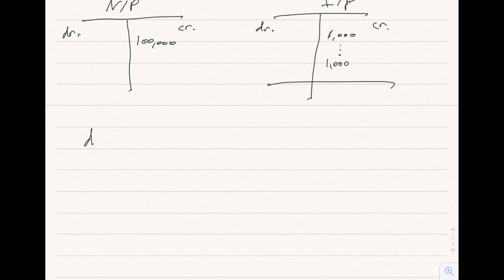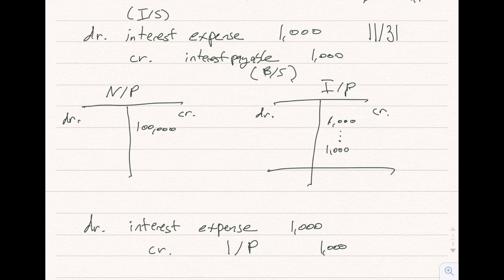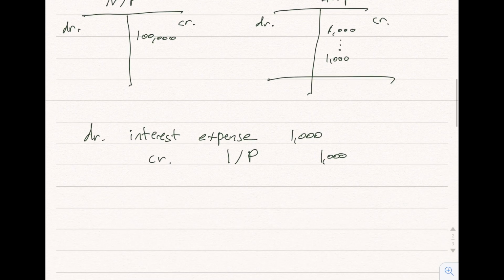Okay, so if this company is going to keep track of its interest obligations each month on the books, right? We said that the journal entry is this. I'm just going to say IP for interest payable. So November 31st, December 31st.